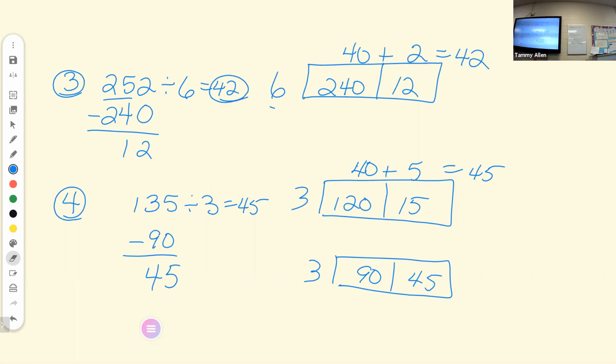Yeah. Okay. 90 divided by 3 is 30. Now 45 divided by 3: is 45 a multiple of 3? Look down your list. Is 45 a multiple of 3? Yes.